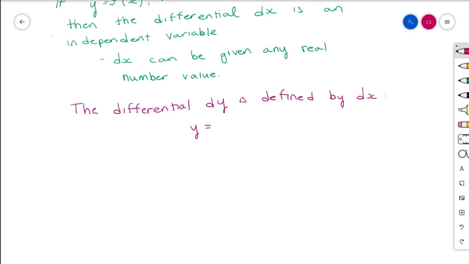And we're going to define it like this. If y equals f of x, kind of like the chain rule, take the derivative of the f function, the outside function, and then dx. Just dx.